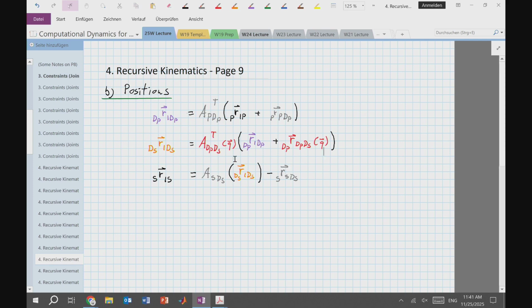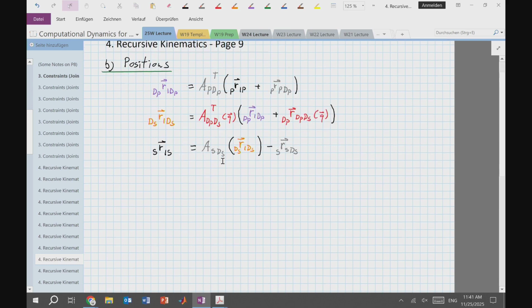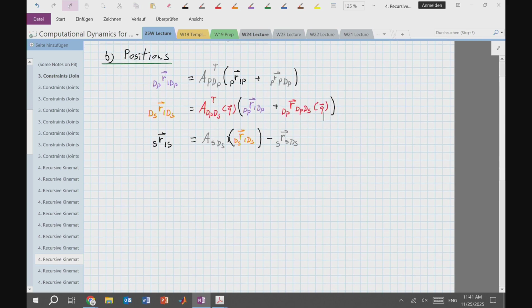And then the second difference, of course, right here: stuff in red depends on q, stuff in gray is body fixed, and then here we had a change of signs, because things are always defined from the predecessor body going forward and from the successor body going backwards. So that's why I have a minus sign here, and we don't have a transpose here. But positions have been covered.